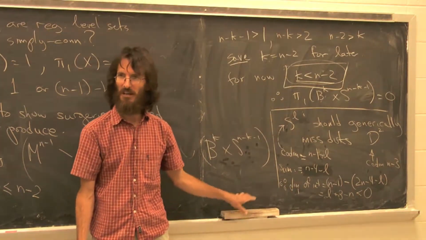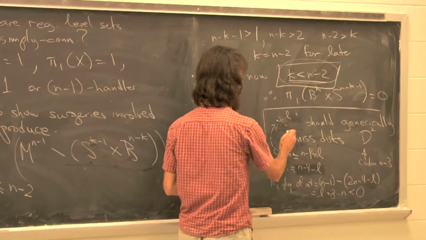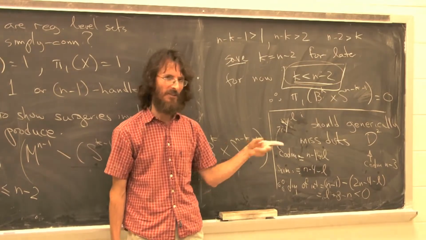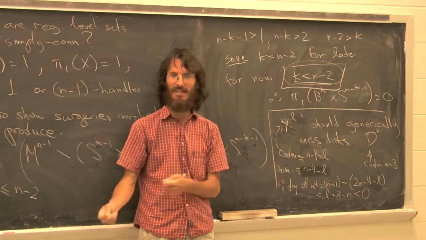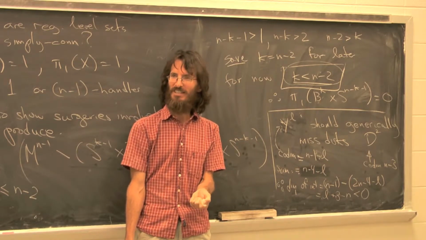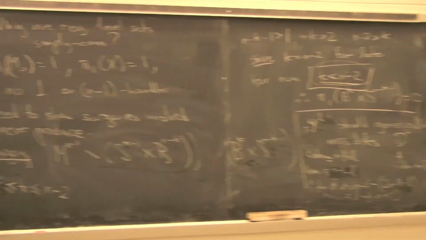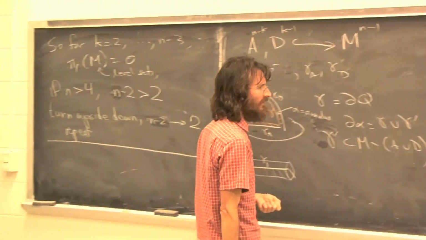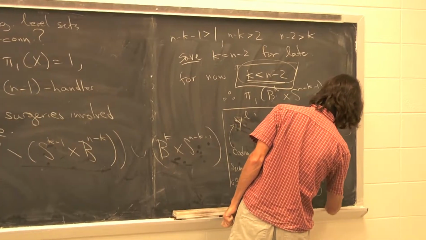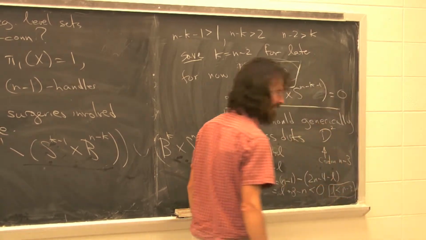Whatever L was, now all I have to do is redo that calculation for just an arbitrary L dimensional manifold. So I'm looking at the question: if I have an L dimensional manifold inside a simply connected n minus 1 manifold, what is the chance that the complement is simply connected? I'm going to think of them one by one. What I need is that L needs to be less than n minus 3 for that to work.